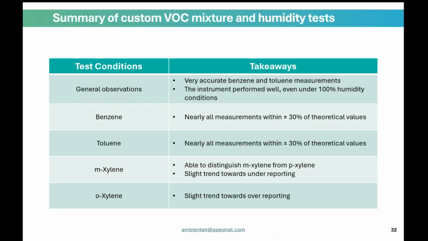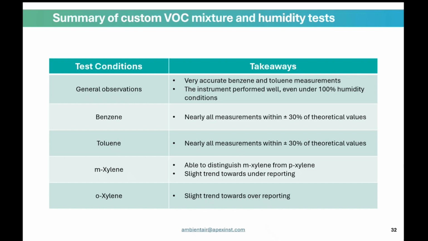To summarize the results from the custom VOC mixtures and humidity tests, we saw that benzene and toluene were generally really accurately measured from complex mixtures, and that the analyzer performed quite well under higher humidity conditions, even including 100% humidity. In nearly all of the tests, benzene and toluene measurements fell within the plus or minus 30% range of the theoretical values.